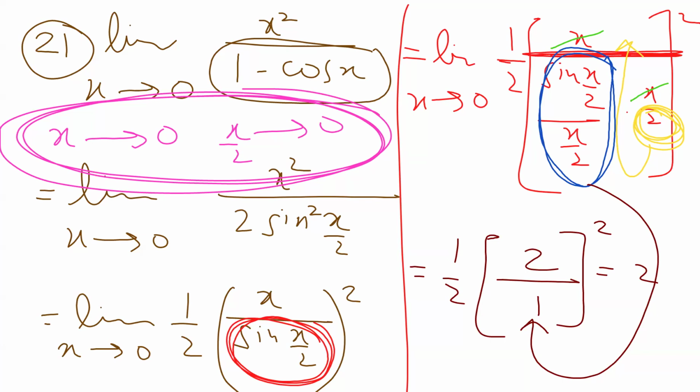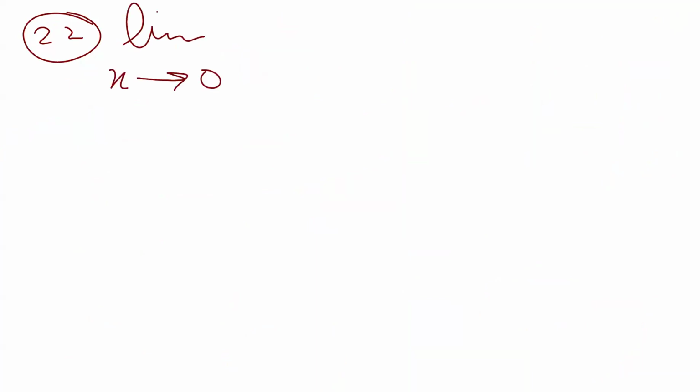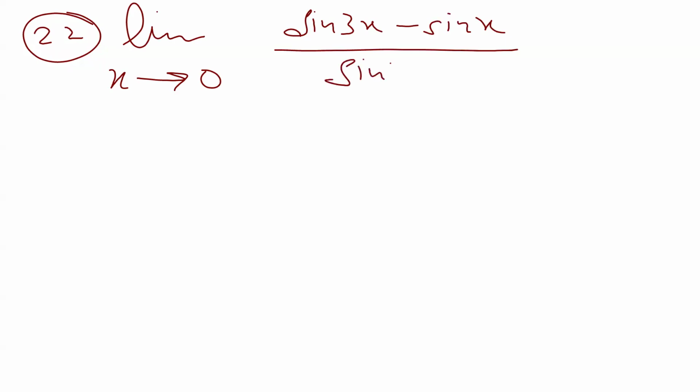Let's go to question number 22. Limit x approaching 0, sine 3x minus sine x upon sine x.